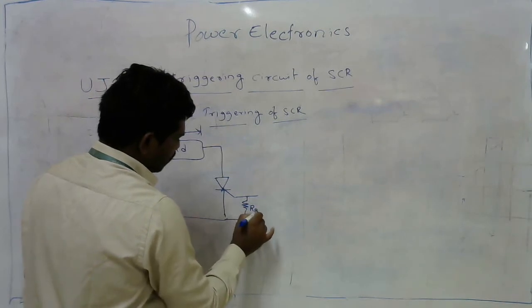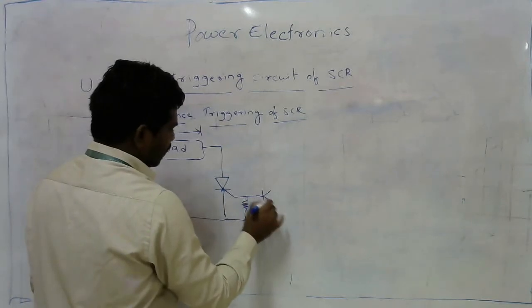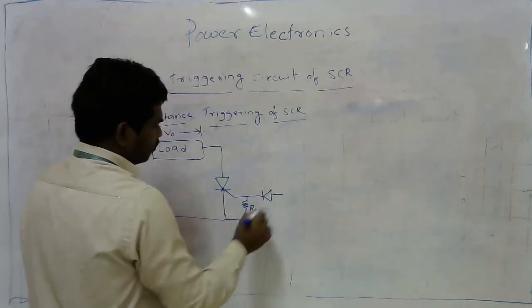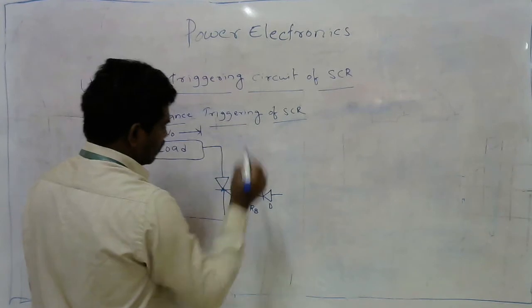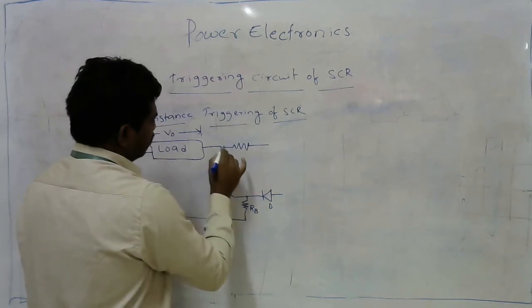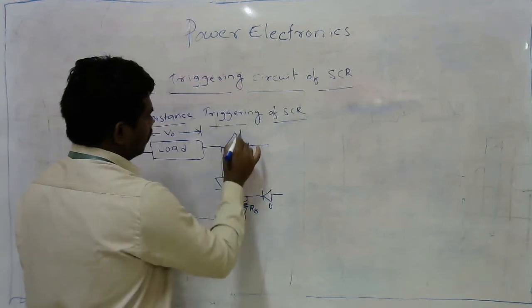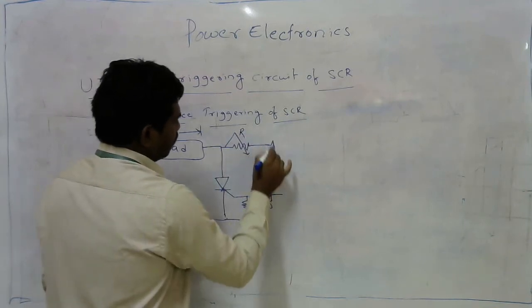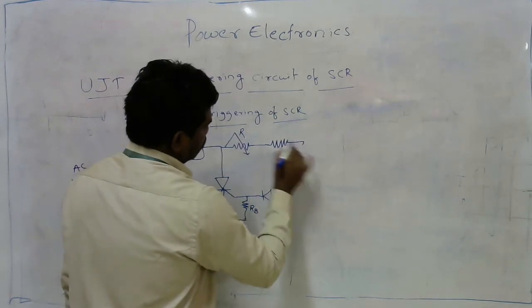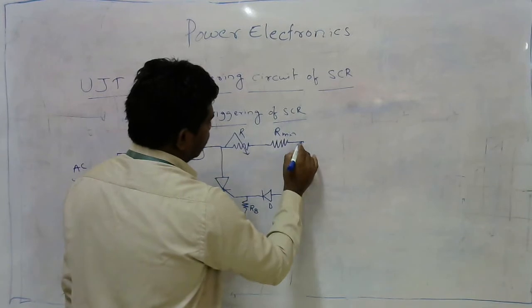This is a biasing resistance. There I am using a diode. Then there is one potentiometer, R, and thereafter one resistance which I am calling R minimum.